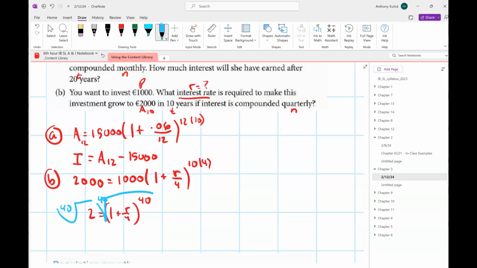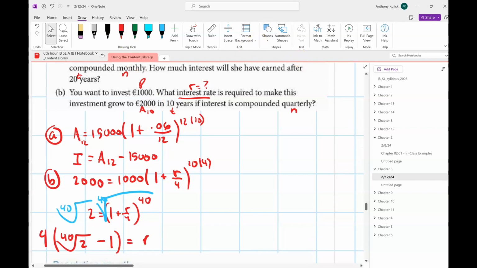Since it's an exponent, I'm canceling. If my variable's in the exponent, then I need a log. My variable's not in the exponent, it's in the base of the exponential. That means I need a root. And then I'll subtract the 1 and then multiply by the 4. And that ought to do her.